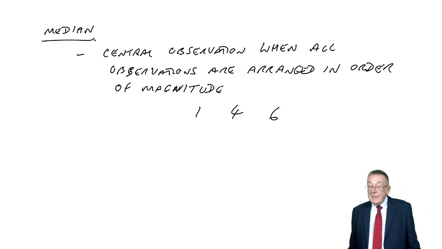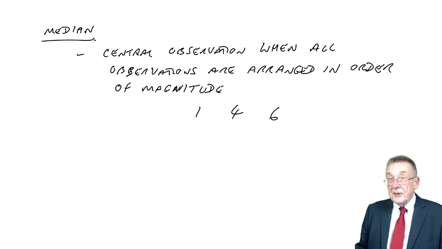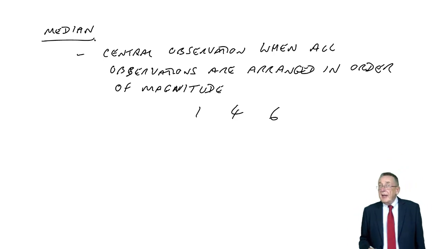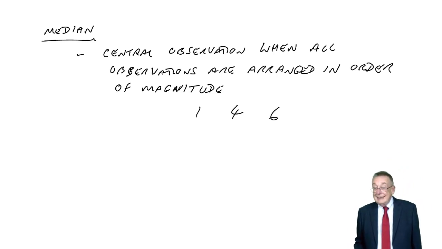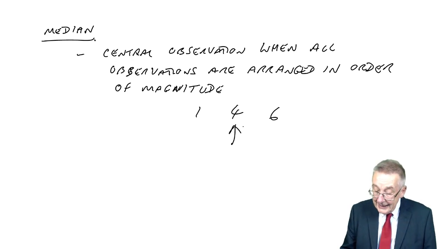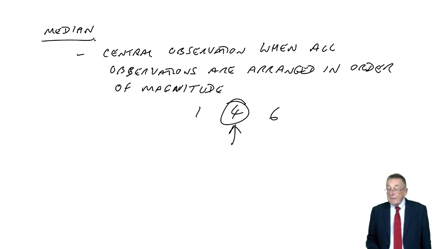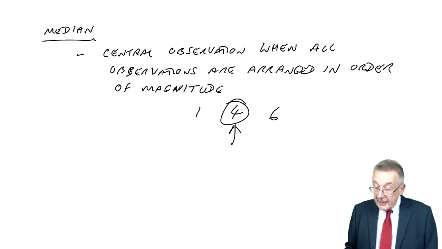The median, though, we say, well, if we arrange them in order, lowest to highest, 1, 4, 6, what's the value of the middle one? And of course, that's pretty obvious. There are 3 of them. The middle one is there, and the value is 4. So that's what we mean by the median.